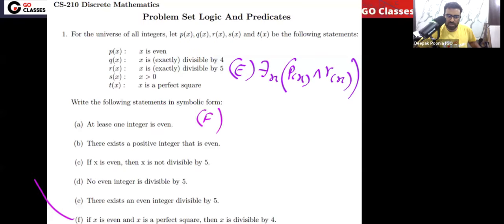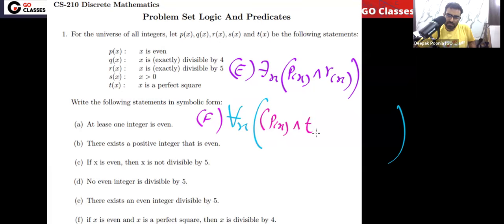In F also, universal quantification is implicit. Yes or no? So we are saying that for all the integers, we are making a claim. For all the integers, if it is even and a perfect square, even means P and perfect square means T, then it is divisible by 4.